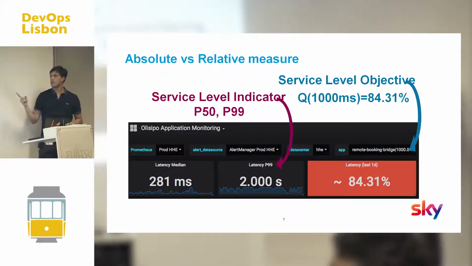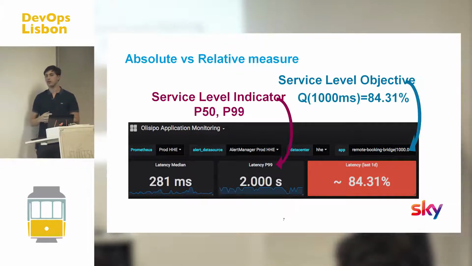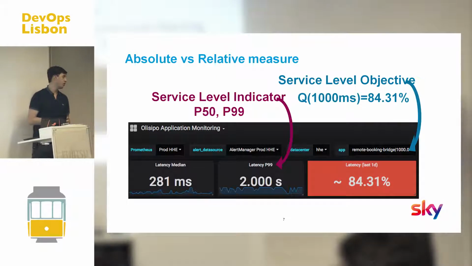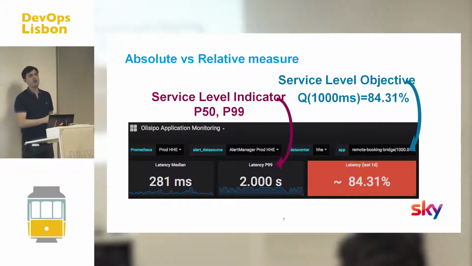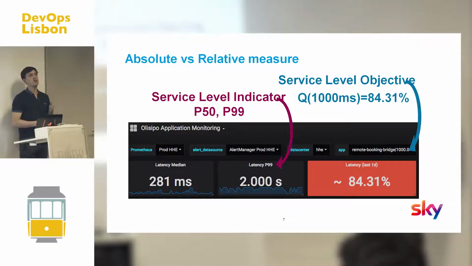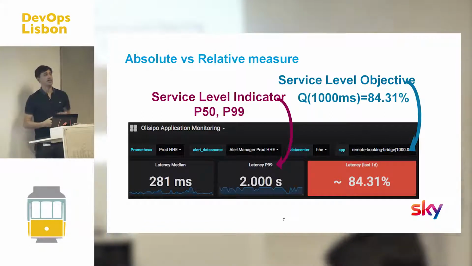Just to add something else in regards to the service level objectives and how to define them. In an ideal world, you'll have your product owner, you'll have your customers, you'll meet with all of them, and they'll tell you, these are our expectations, this is what we need to fulfill our objectives. It doesn't always happen.